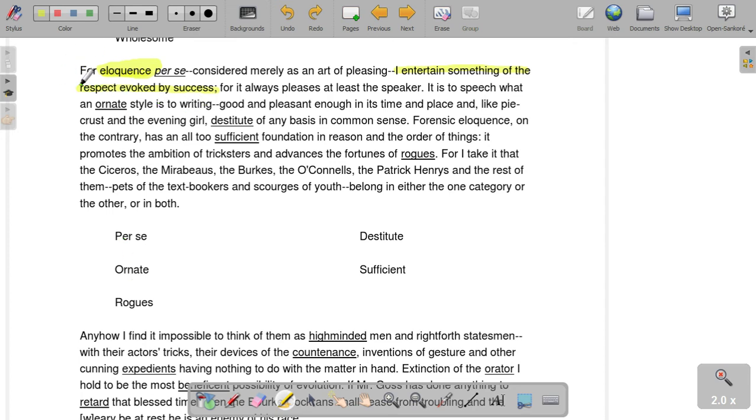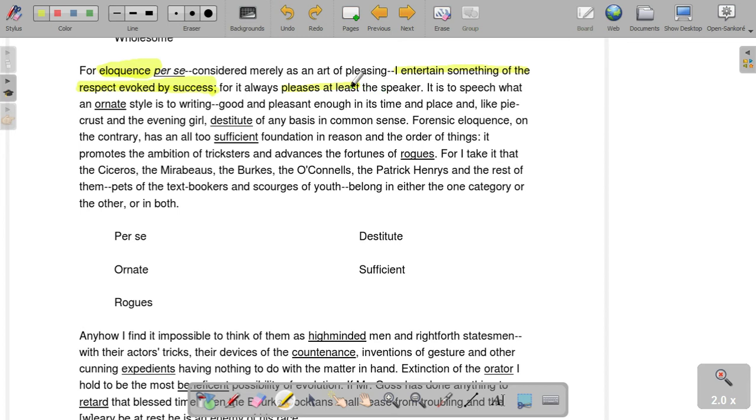So not a whole lot, but he does admit that there are some good things about it, and therefore it deserves some kind of success, some kind of respect. Now, he says if nothing else, it's successful if only in the fact that it pleases at least the speaker. So at least the one who's speaking is happy about what he's saying.